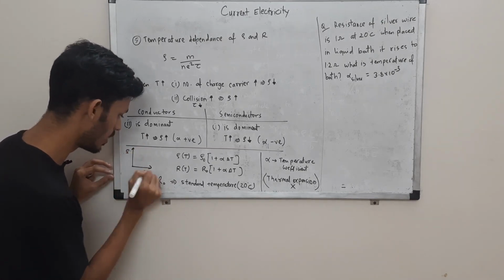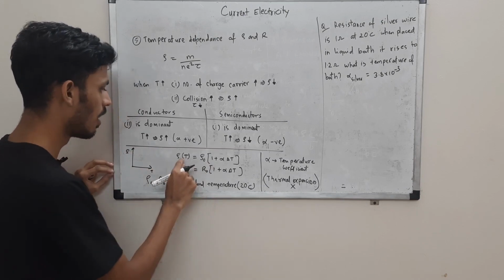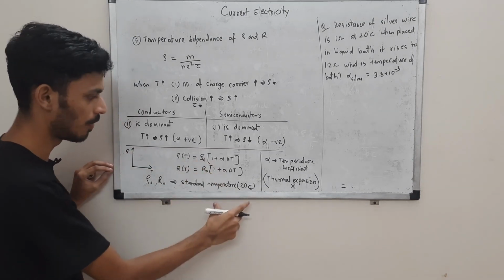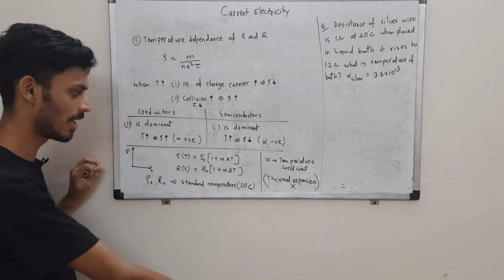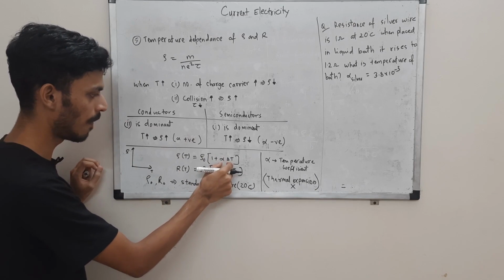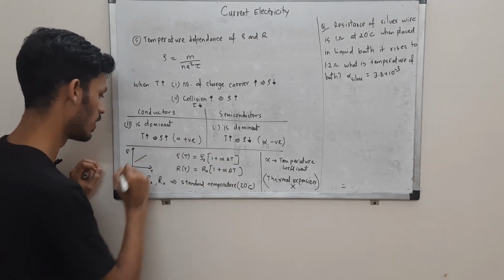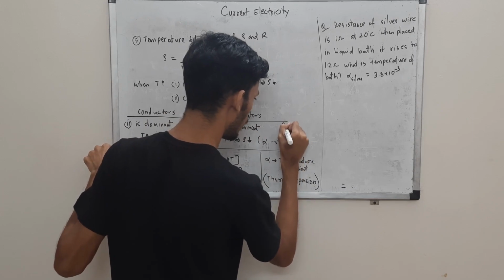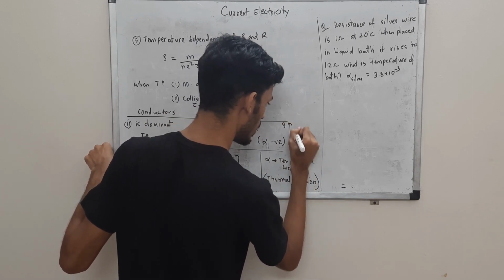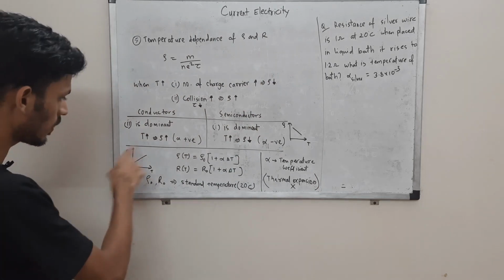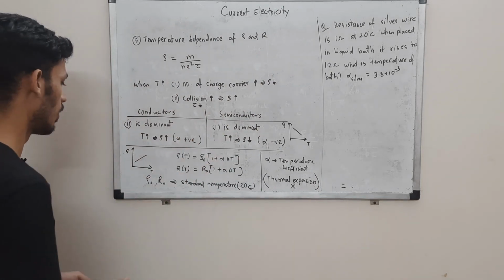If you have resistivity and temperature, this is like y equals mx plus c. Rho naught is constant at a particular temperature, 20 degrees Celsius, the standard value of resistivity, and this will be varying. m is positive here, so it will increase. And for semiconductors, if you want the graph of rho versus t, as temperature increases, resistivity decreases. This is the approximate graph for them.